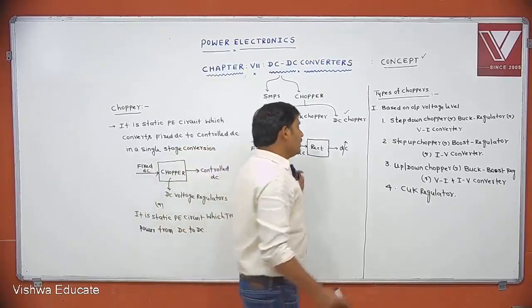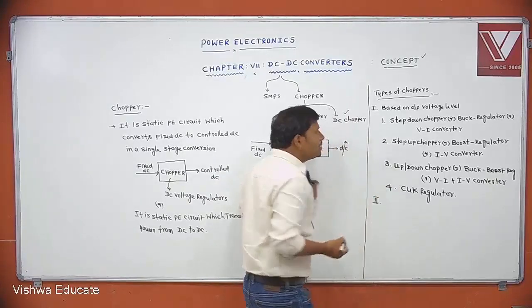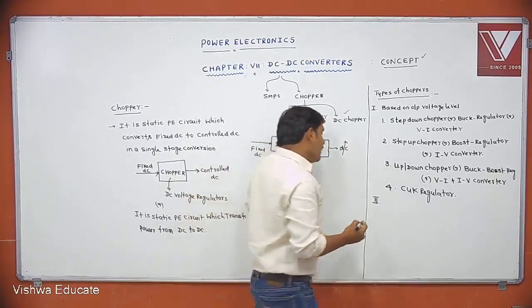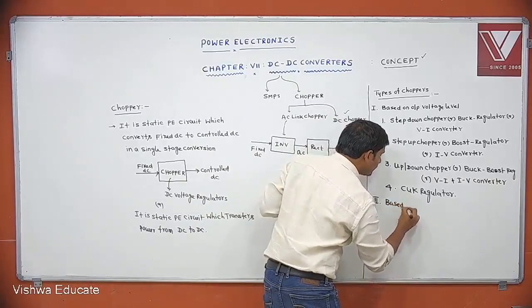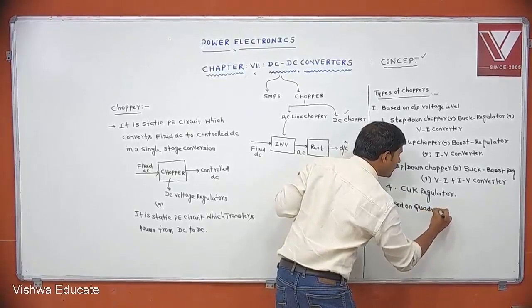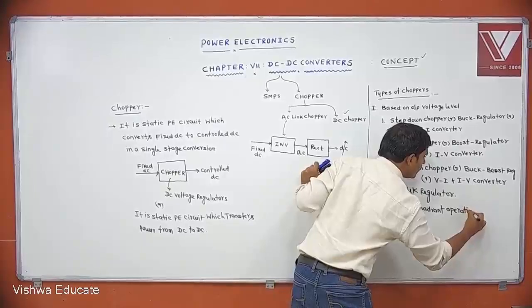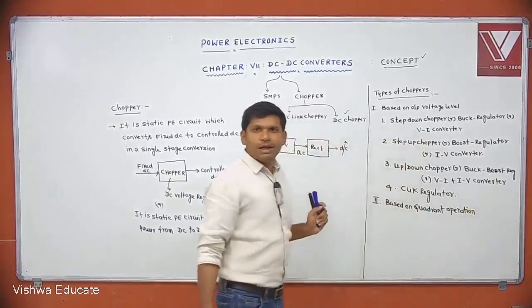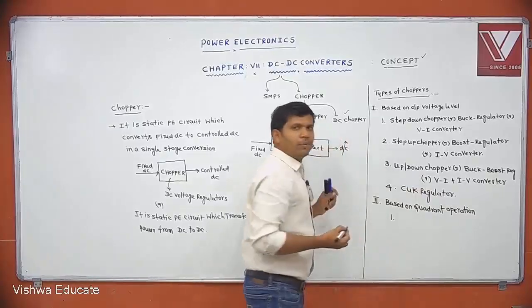The second classification of choppers is based on quadrant operation. What are the choppers based on the quadrant operation?